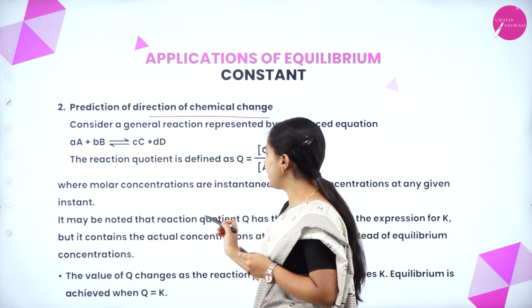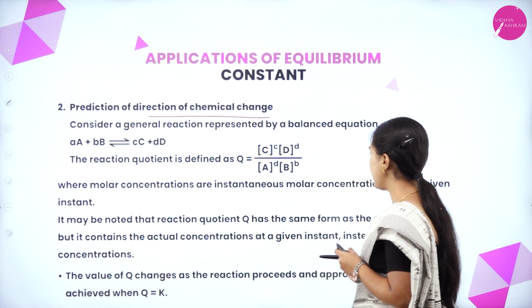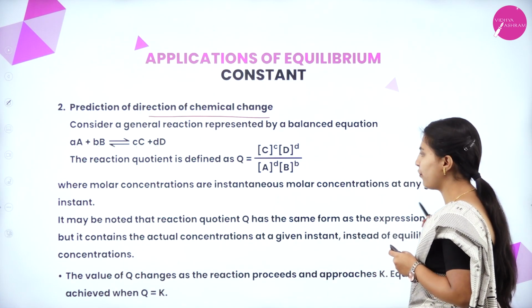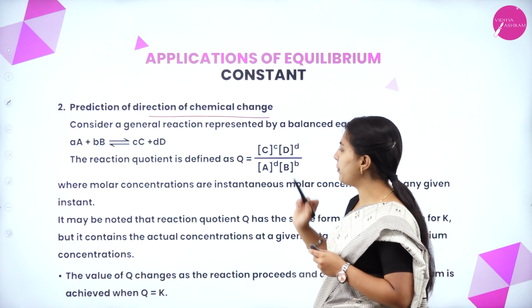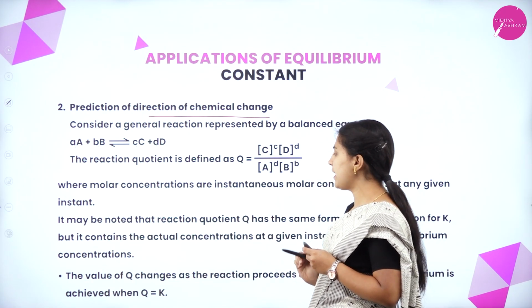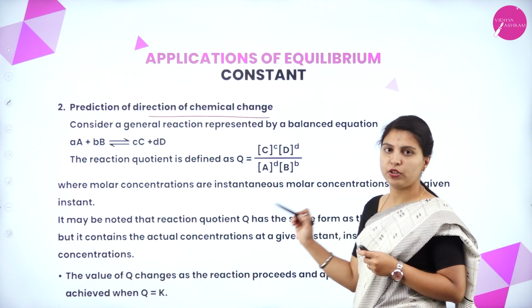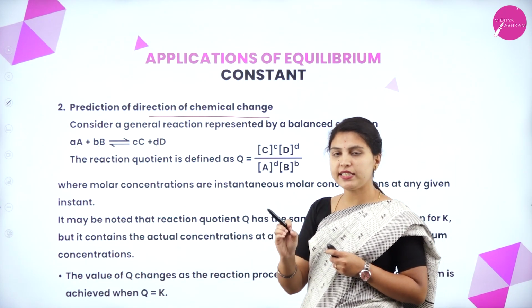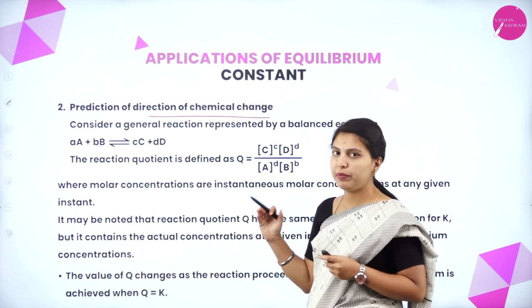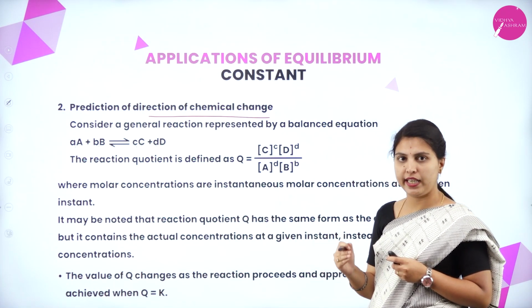It may be noted that the reaction quotient has the same form as the expression for K, but it contains the actual concentrations at a given instant instead of equilibrium concentrations. At that given instant it is shown by Q, and the equilibrium concentrations are shown by K.